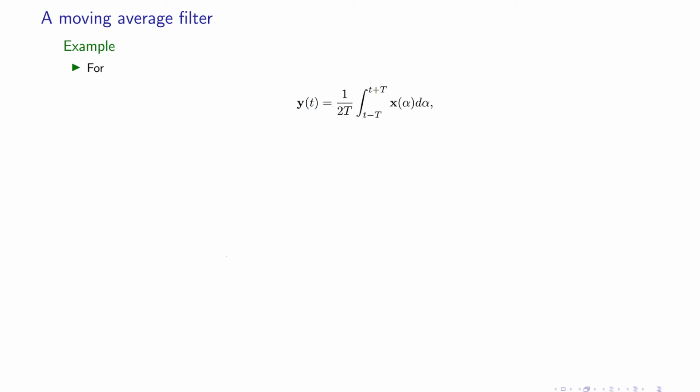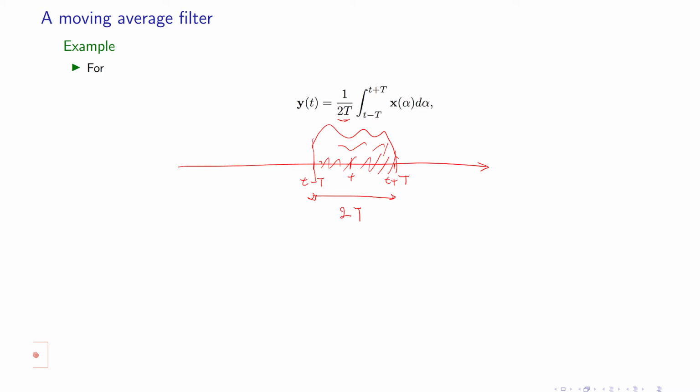Basically, this is time. At any time t, we take an interval of time from t minus capital T to t plus capital T. So this interval has length 2T, and then we integrate the random process over this interval, whatever it is, to get the area of this random process, and then divide it by the length.